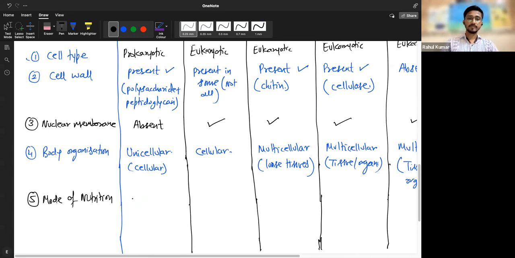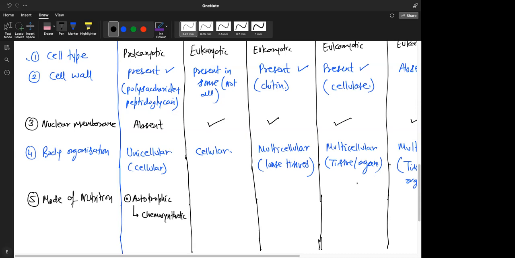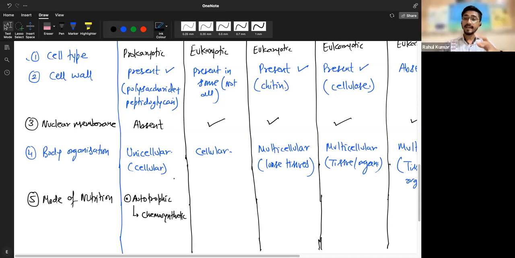But bacteria can be multiple. Bacteria can be autotrophic, which means there are some photosynthetic bacteria. And in the autotrophic, they can be chemosynthetic. What does the word chemo mean? It uses chemicals. Exactly. So bacteria can directly take chemicals from the environment.